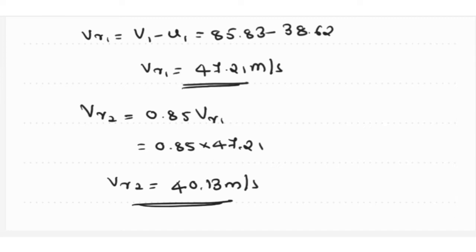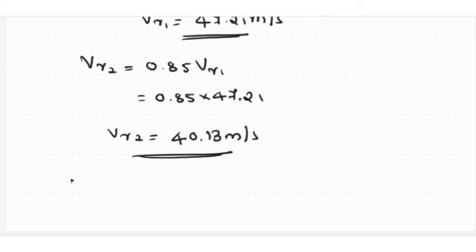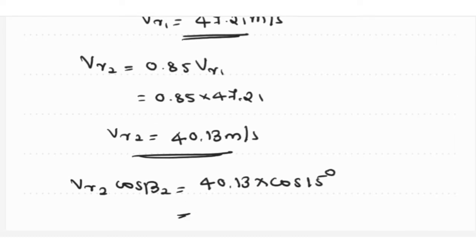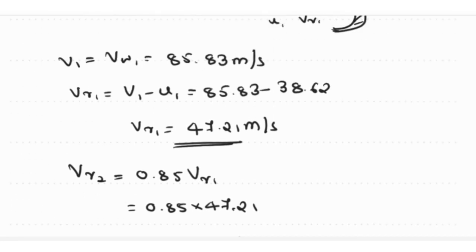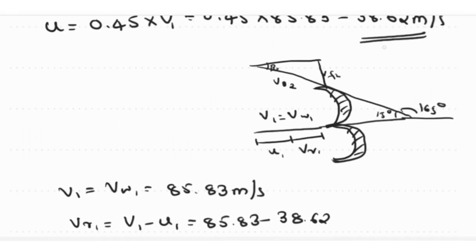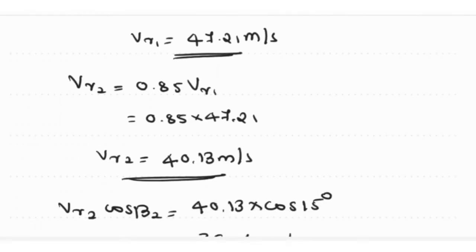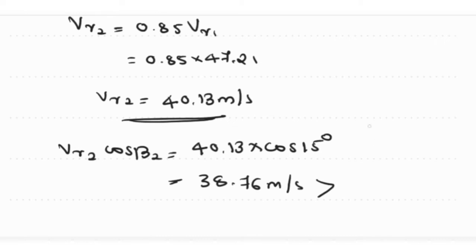Now we can calculate the value of VR2 cos of beta 2, so 40.13 into cos of beta 2, which is 15 degree, is equal to 38.76 meter per second. You can see this value is greater than the u value 38.62.